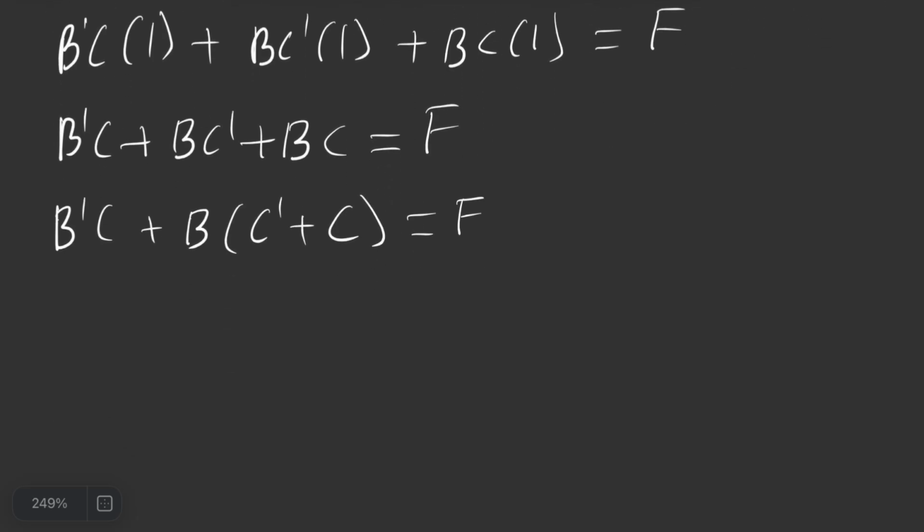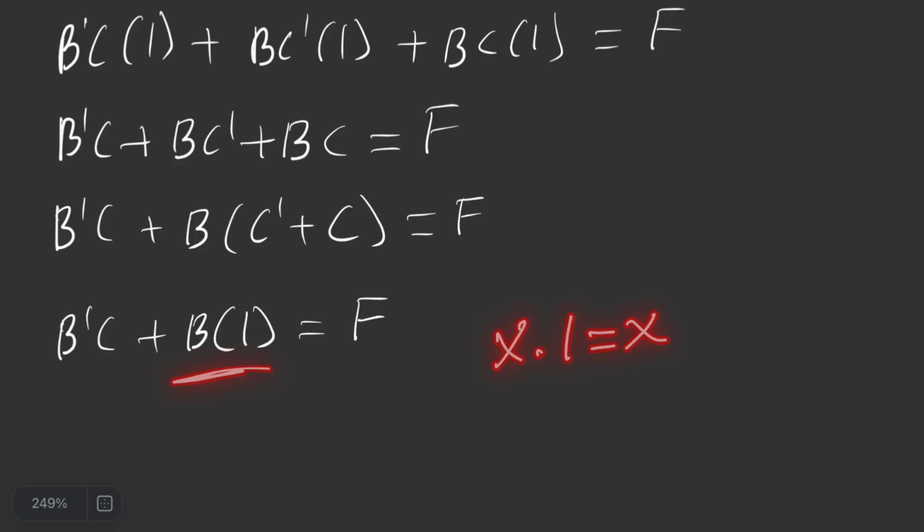Based on our Boolean algebra laws, we know that C prime plus C is going to equal 1. Now remember, we know that x and 1 equals x.